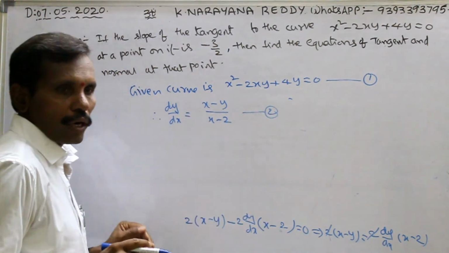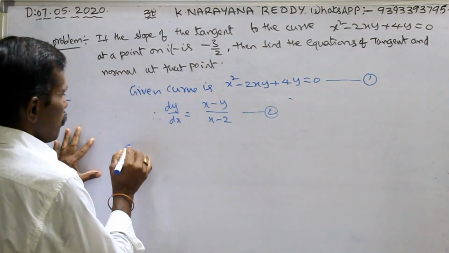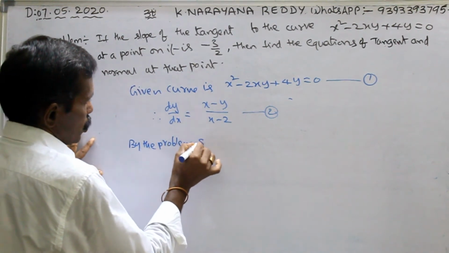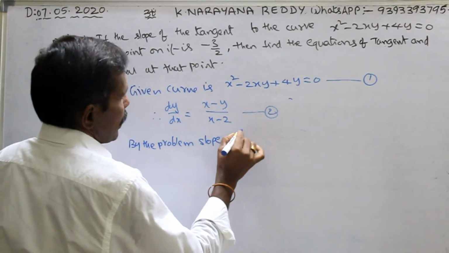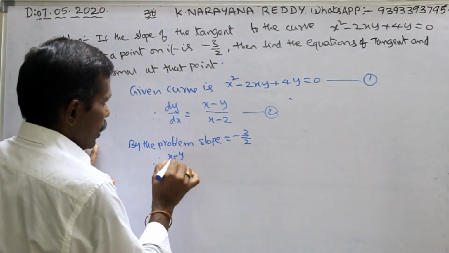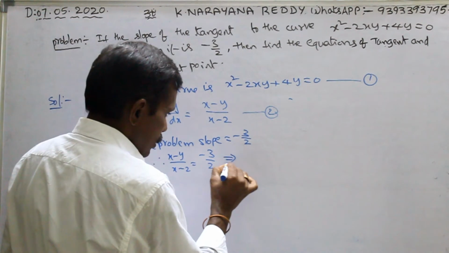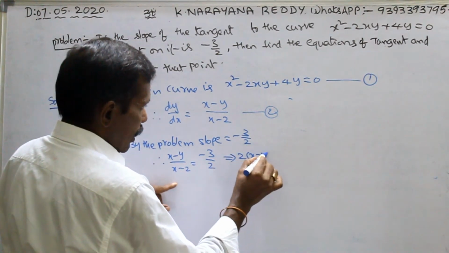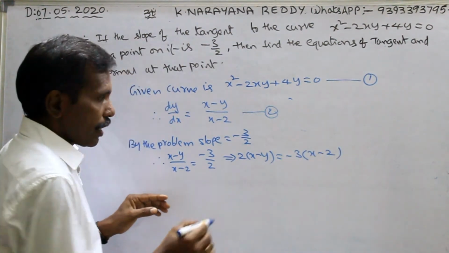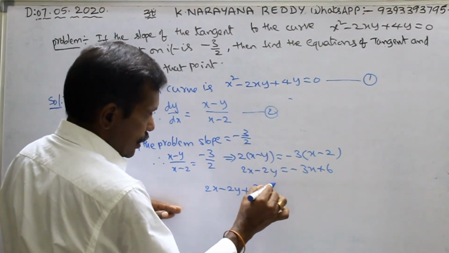This is the slope. Now by the problem, slope equals minus 3 by 2. Therefore, (x minus y) by (x minus 2) equals minus 3 by 2. That implies 2 into (x minus y) equals minus 3 into (x minus 2). 2x minus 2y plus 3x minus 6 equals 0.